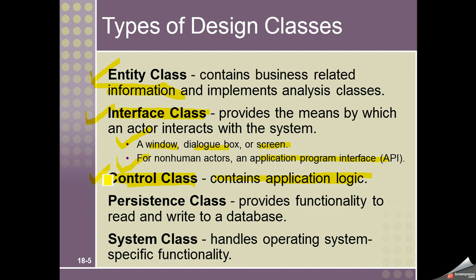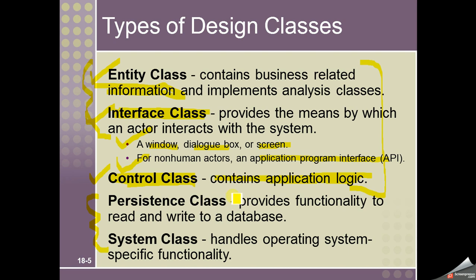So a control class is used to connect all the entity, interface, and if we have persistence and system classes, it is used to connect all of them together. So essentially, any system can be developed with these three classes: entity class, interface, and control class. They can be used to implement any system.